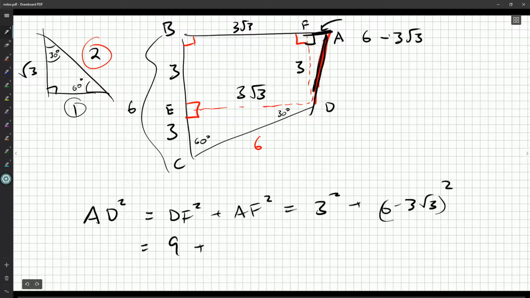We'll get 9 plus 36 minus 36 root 3. 3 root 3 squared should be 27. So we'll get 72 minus 36 root 3. And that's AD squared. So AD would be the square root of 72 minus 36 root 3.